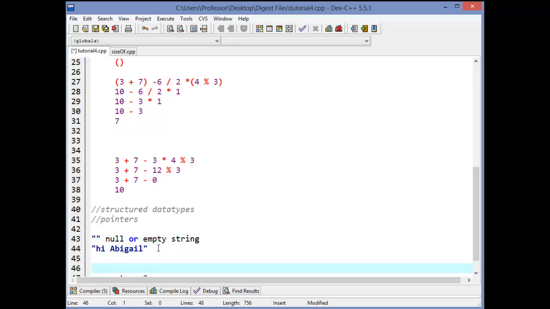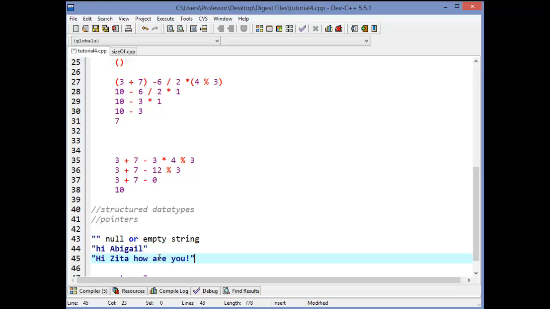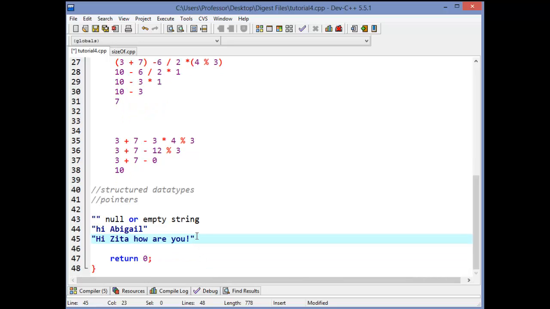Then let's say hi Zeta, how are you? This is also what? A string. Is that okay? All you have to know is that in C++, a string is put in between what? Double quotes.